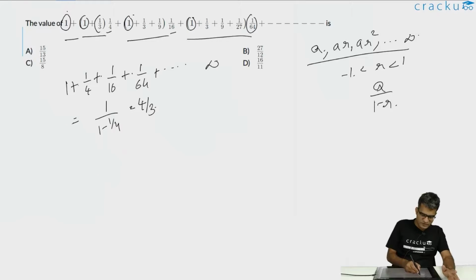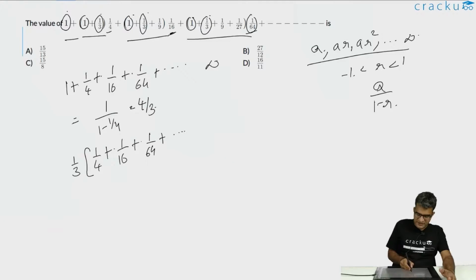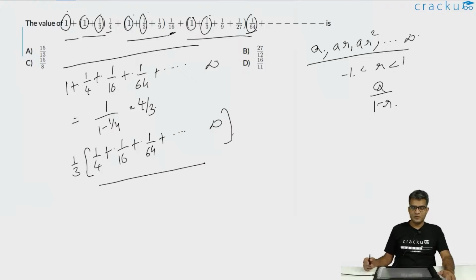Let us now look at the contribution of 1 by 3 in all the brackets. That will be this 1 by 3 into 1 by 4 plus this 1 by 3 will have to be multiplied by 1 by 16 plus this 1 by 3 has to be multiplied by 1 by 64 and so on till infinity. This and this differ by a factor of 4. What do I mean by that?